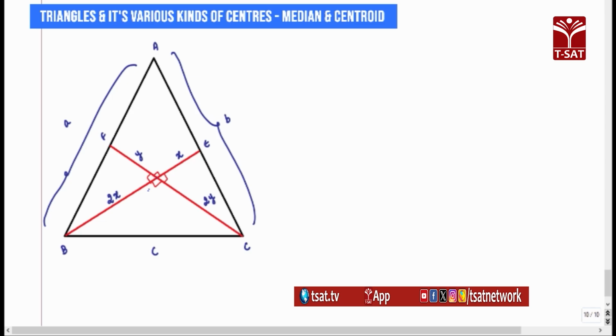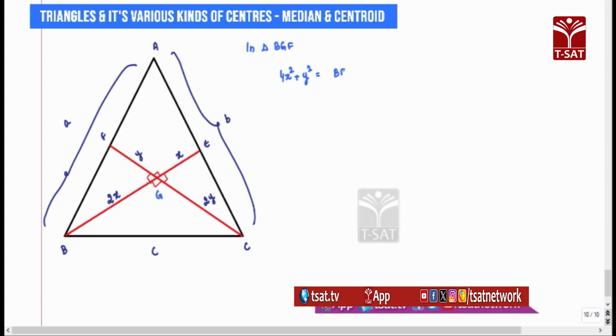Here, in triangle BGF, I would say 4x square plus y square is equal to BF square, or else A square by 4, you can say.